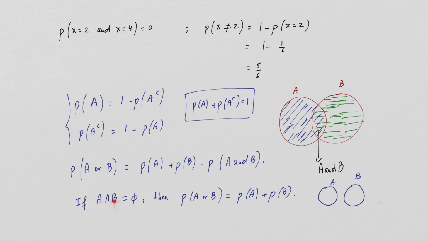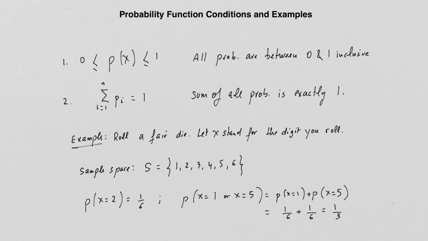We say A intersect B is the empty set. All of these things that I just mentioned can be used interchangeably. If that is true, then this is this plus this minus nothing, because the probability of A and B is 0. There is no intersection. And that's why I only added the two pieces. I didn't subtract the intersection, because there is no intersection.